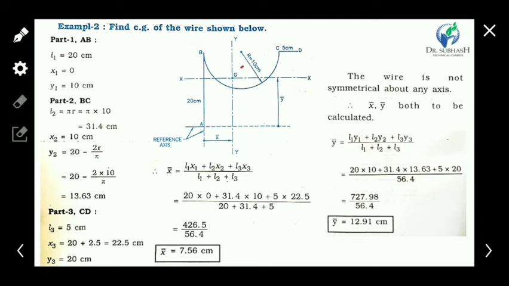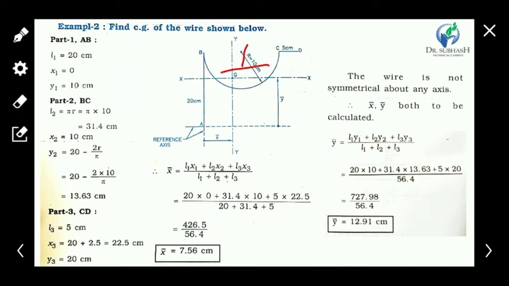But the vertical distance from the reference axis of the CG of the BC element is 20 minus 2r upon pi. 2r upon pi is the distance of the CG from the base BC. Okay.